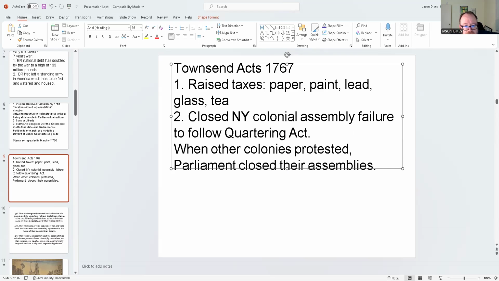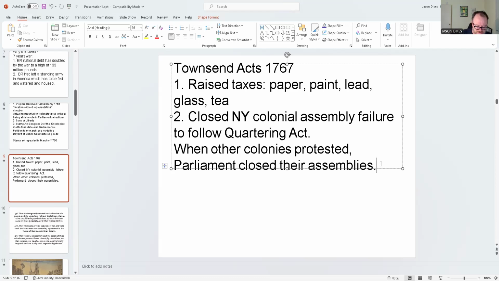And so to close that is a horrible mistake. It's one of the things we see in the Declaration of Independence, okay, for repeatedly closing our assemblies. So it's a huge mistake.